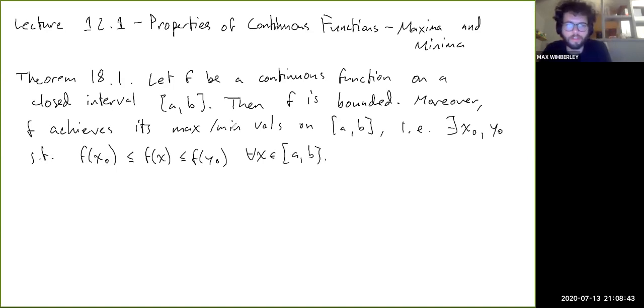Okay, so x naught and y naught, I'm going to change this from the book's notation because I don't really understand why they do it like this. I'm going to say maybe x1 and x2 or something.